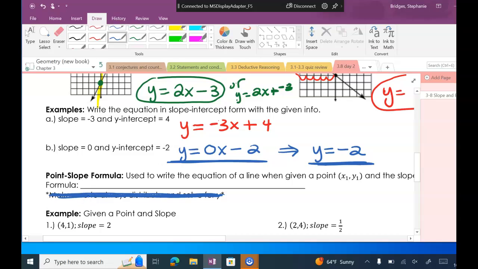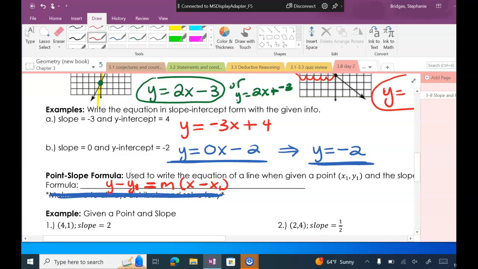So again, point slope form is used to write an equation when you are given a point and a slope, and it looks like this. y minus y1 equals m, and then parentheses x minus x1.